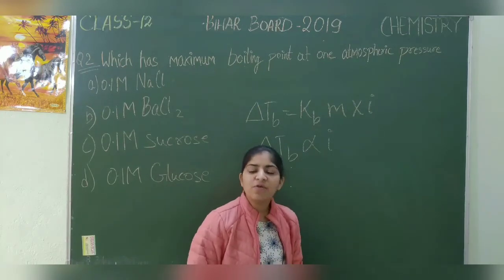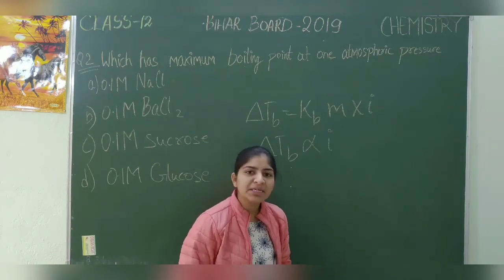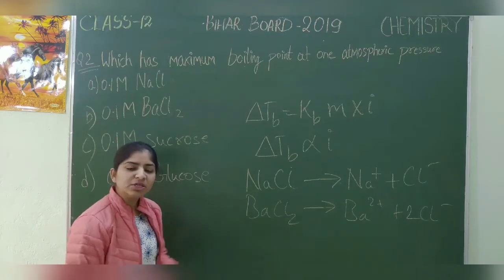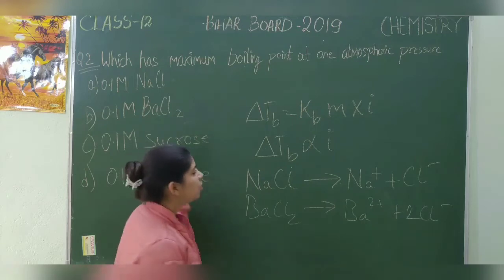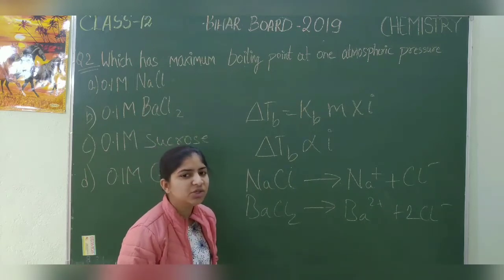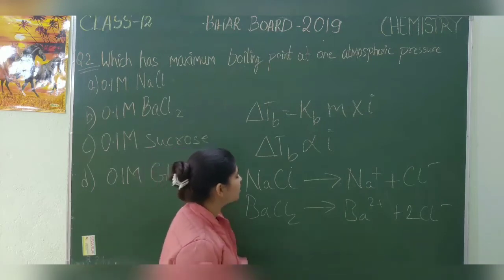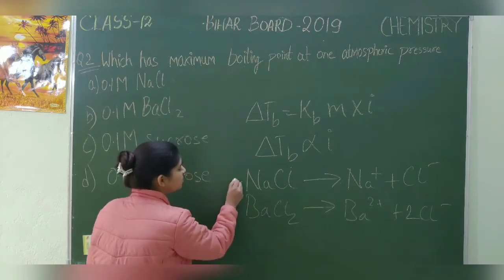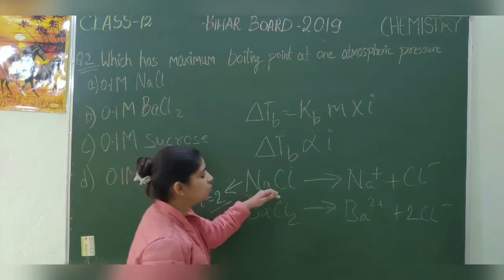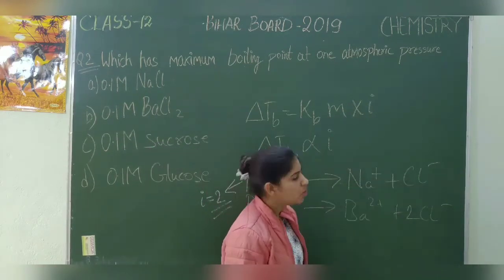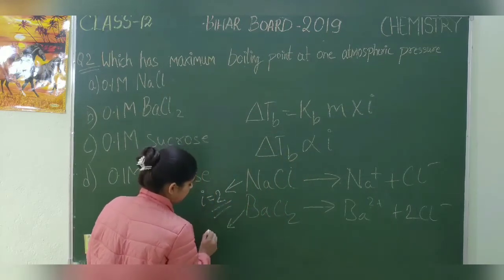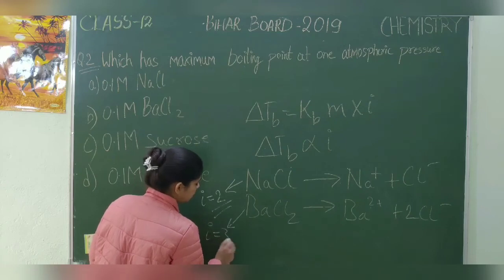Now the Van't Hoff factor is the number of particles formed in the solution, and glucose will not dissociate into ions. The Van't Hoff factor for glucose and sucrose are the same, that is 1, and Van't Hoff factor for NaCl is 2 because it dissociates into 2 ions, and for BaCl2 it is 3.